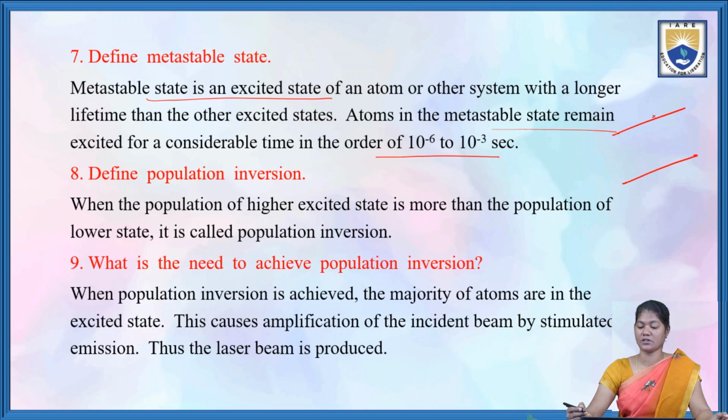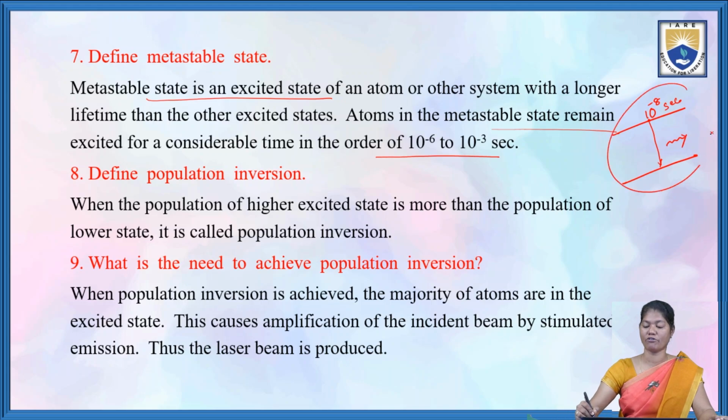After the lifetime at the excited state, that is 10 power minus 8 seconds, the atom itself spontaneously comes to the lower energy state by emitting radiation. This is the case of spontaneous emission of radiation.